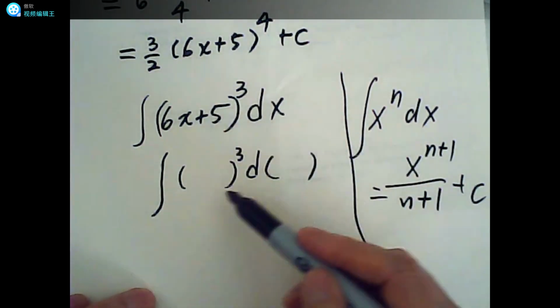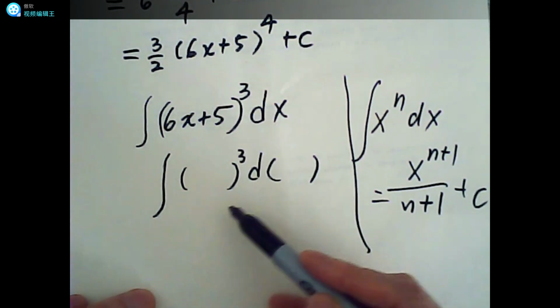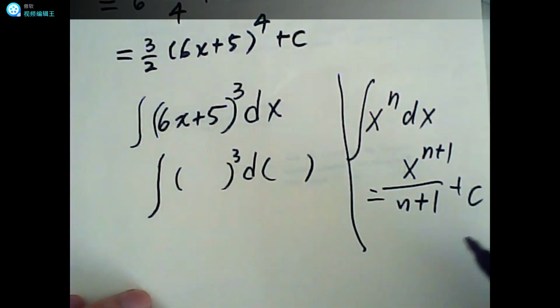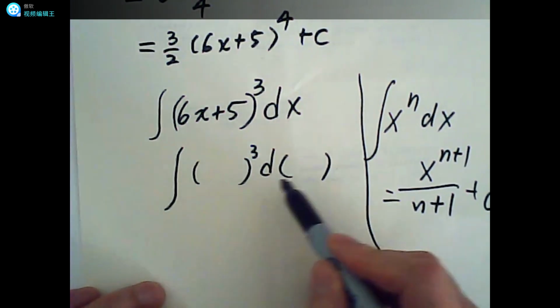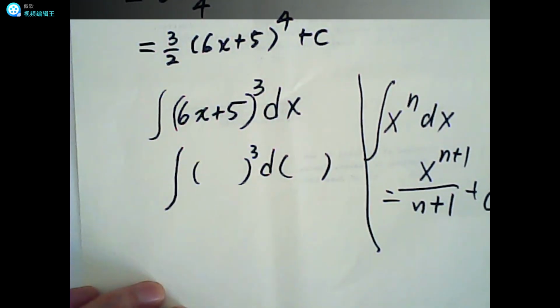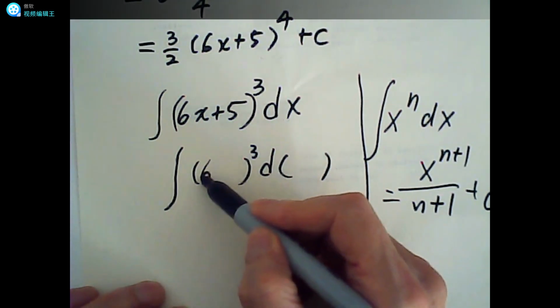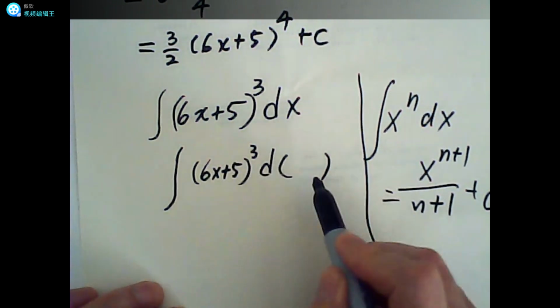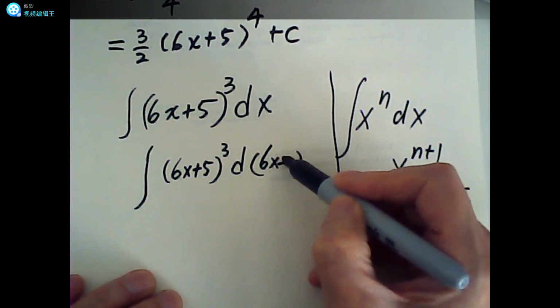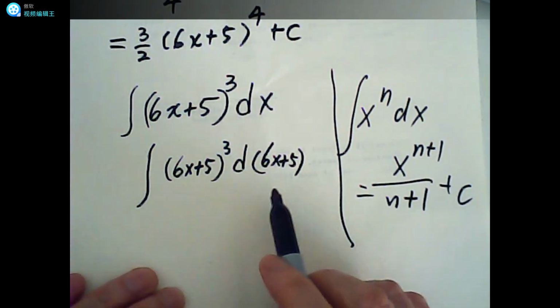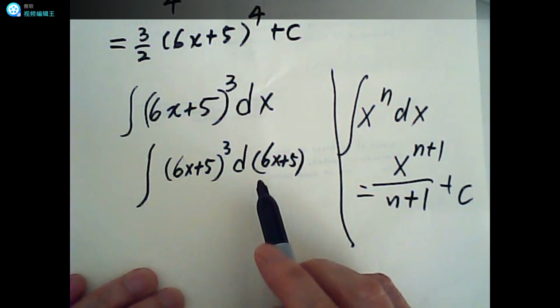So I want to write this integral into a basic formula, to satisfy this one, right? Since I'm not writing the equal sign, I just write anything I want. Now this is 6x + 5, so this must be 6x + 5, and 6x + 5. And this one is d(6x + 5), which is 6 dx.